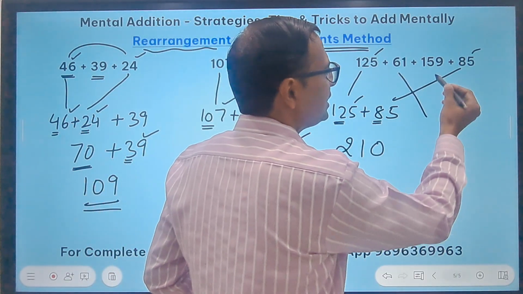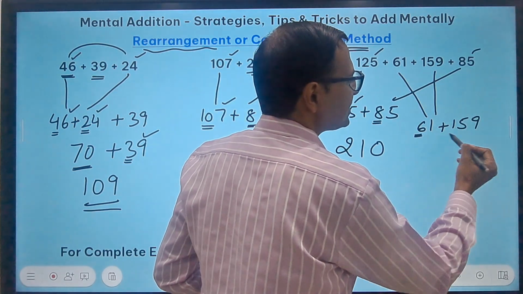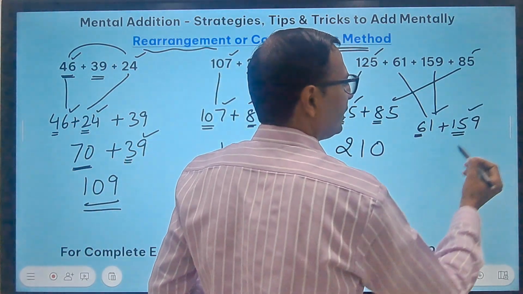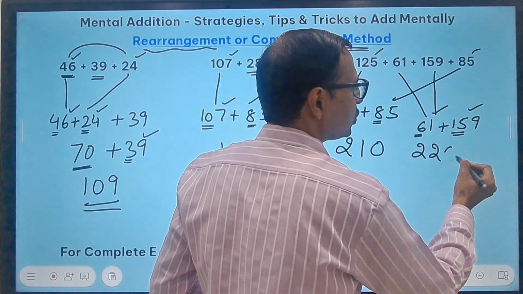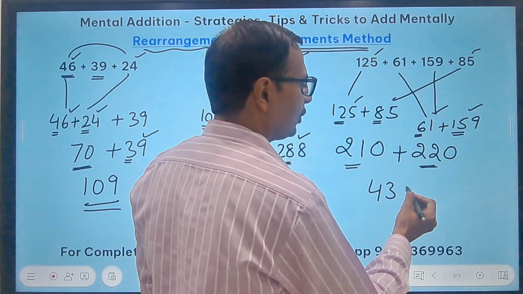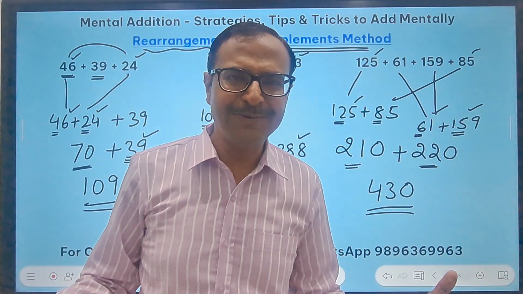How do I do these two? 61 plus 159. 6 tens and 15 tens are 21 tens, and one more 10 is 22 tens. So 220, and then 22 plus 21 is 43, followed by a 0. You get your answer. Isn't that easy, friends?